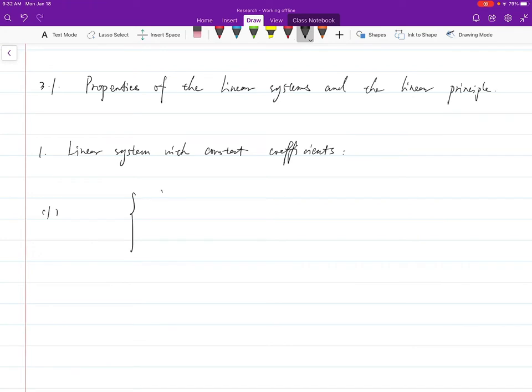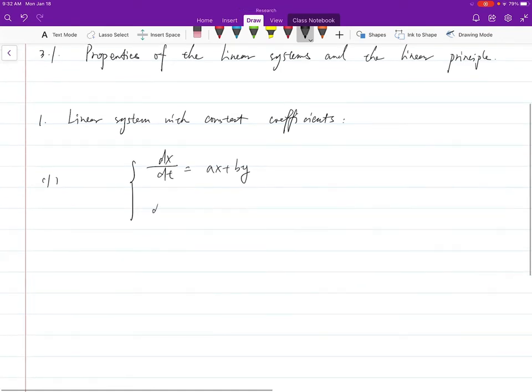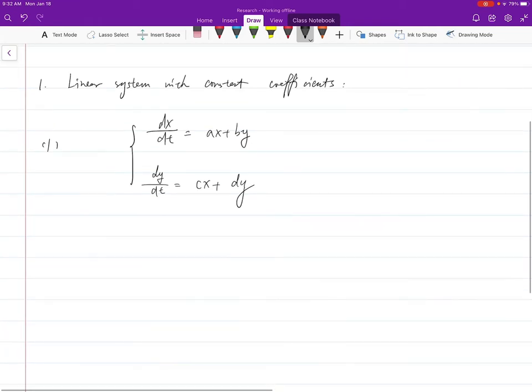Let's say dx over dt equals ax plus by, and dy over dt equals cx plus dy, where a, b, c and d are constant.